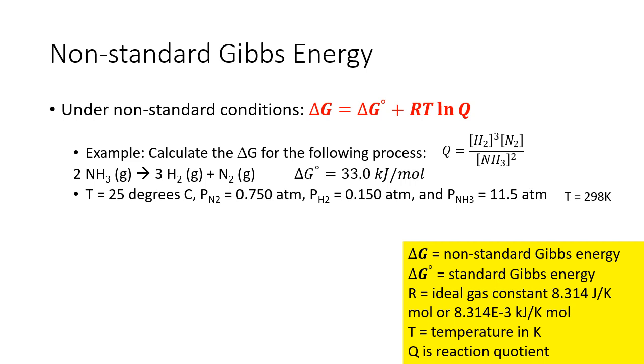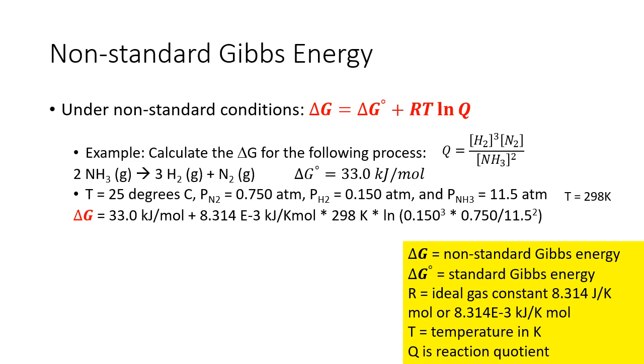Now, I will warn you right now, our Gibbs energy here is given in kilojoules per mole, and I have given you the ideal gas constant in joules per Kelvin mole, so you need to convert it into kilojoules per Kelvin mole, which is what I did. And then I just plunked those values into all the things. And when I solve, I get 6.1 kilojoules per mole.